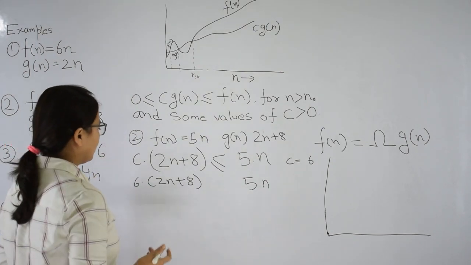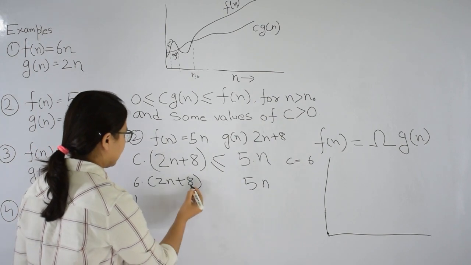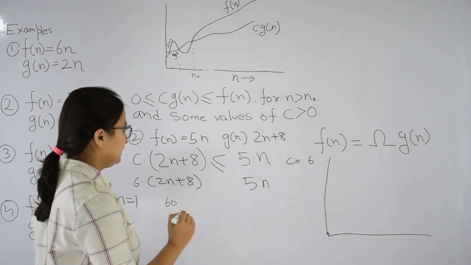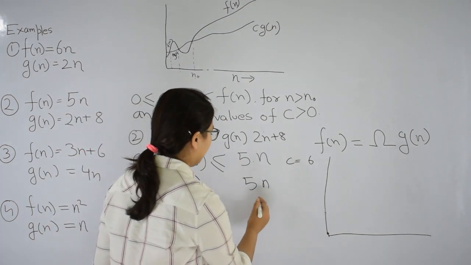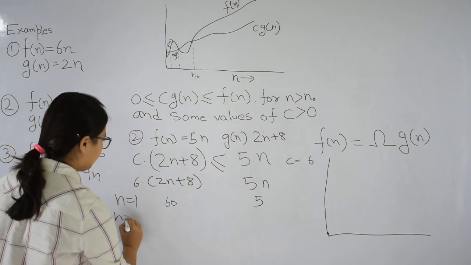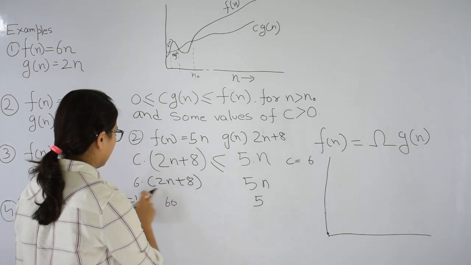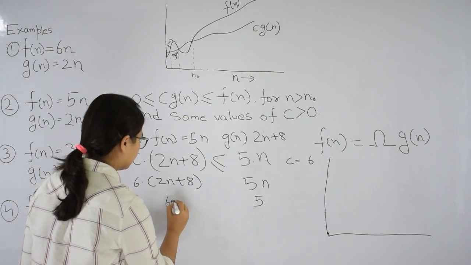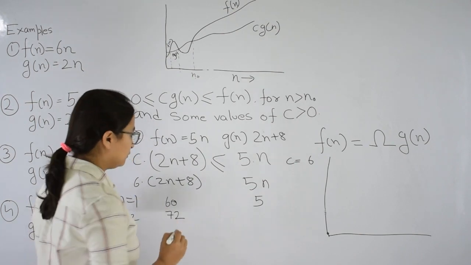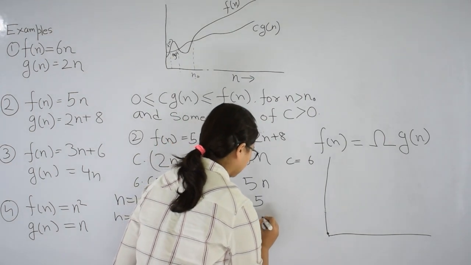So at c is equal to 6 and n is equal to 1, this will be 2 plus 8, 10, 10 into 6, 60, and 5 into 1, 5. Okay. At n is equal to 2, 4, 4 plus 8, 12, and 12 into 6, I think it is 72, and 2 into 5, this is 10.